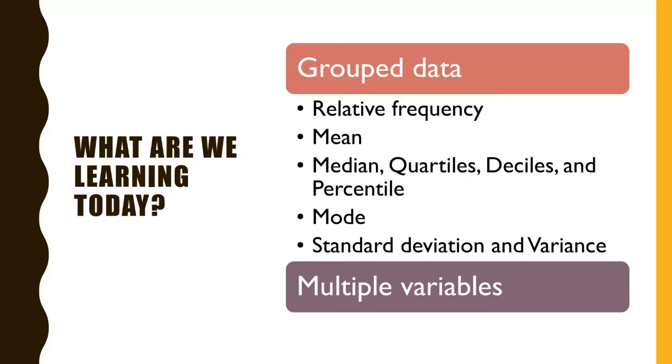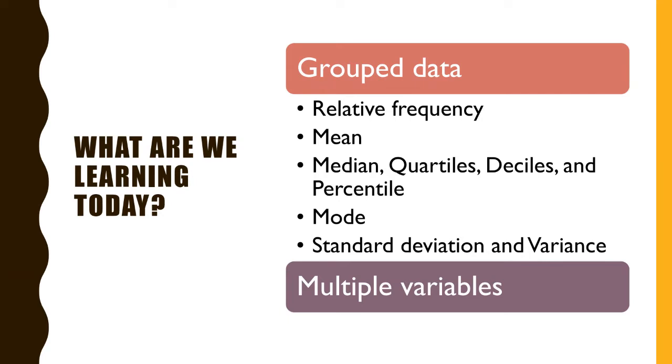What we are going to learn today is the group data. How do we perform mean, median, mode, and also how do we calculate quartiles, deciles, and percentiles. Also, we'll see how do we calculate standard deviation and variance. And at the end, we'll see how to deal with multiple variables.